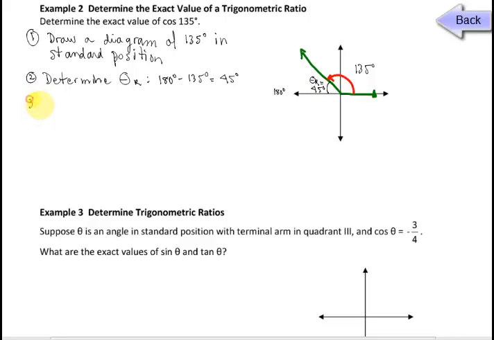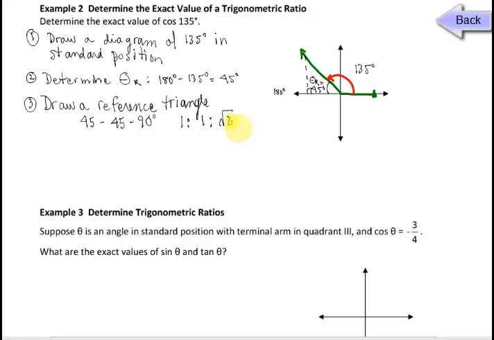Okay, so our third step is to draw a reference triangle. We want to drop a line from our terminal arm perpendicular to the x-axis. And as you can see, we have a 45, 45, 90 triangle, which means that the ratios of our sides are 1 to 1 to root 2.